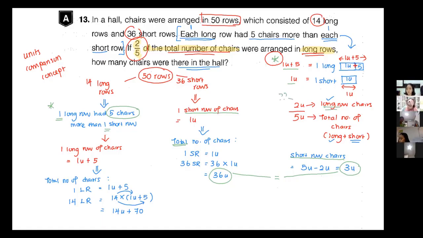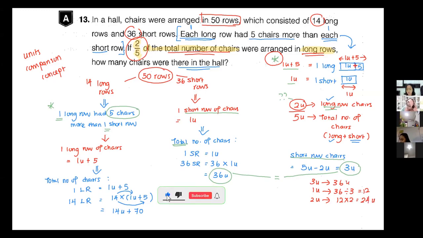How do I do that? Let me use a different color. So 3 units is 36. 1 unit is 36 divided by 3, which equals 12. And my long row is 2 units, right? This is what I want, 2 units there. 2 units is 12 times 2, which equals 24 units, because all this is in units.